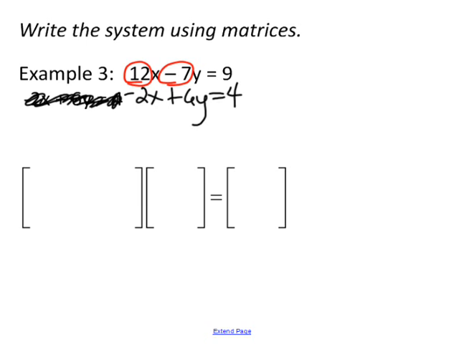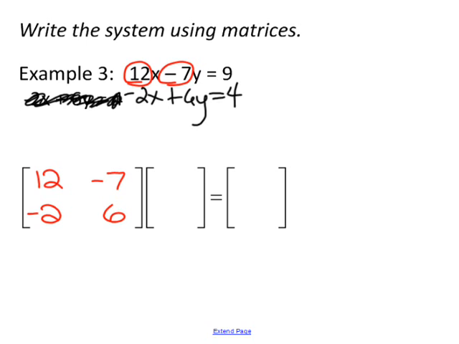So the top equation has a coefficient of 12, and for the y, it's negative 7. Be sure you do the negative. So that is negative 7. The bottom equation, we have negative 2 in front of the x, and we've got a positive 6. Now with the 6, we don't have to write the positive. We do have to write the negative for the 7.